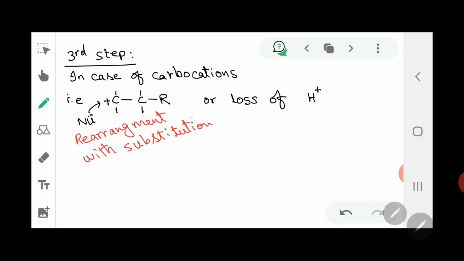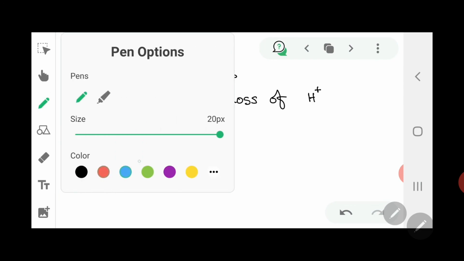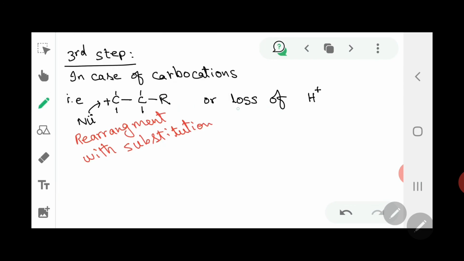While the second case, where proton is removed or lost, is known as a rearrangement with elimination.